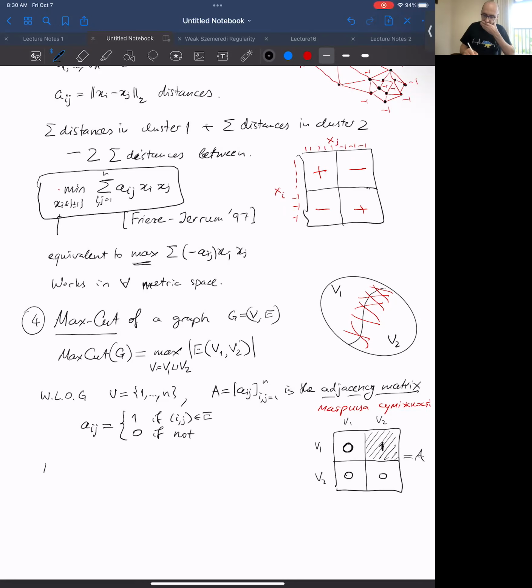Let's think. So E, the number of edges between V1 and V2, I can write as the sum, hopefully, of Aij xi yj, where xi is 1 if the vertex i is in the set and 0 otherwise, and yj is obviously for the other set.